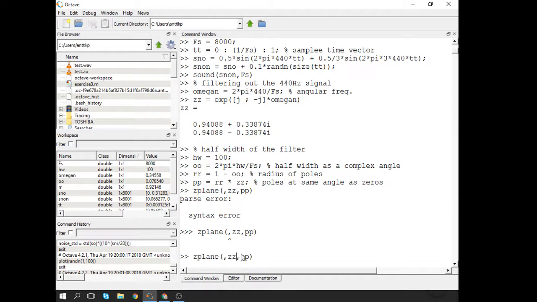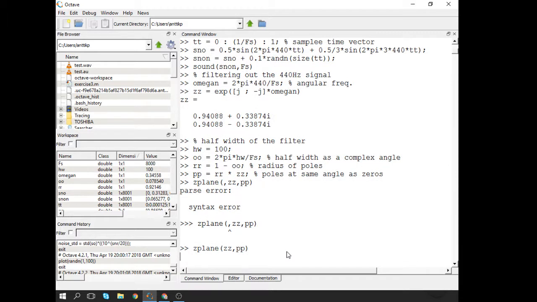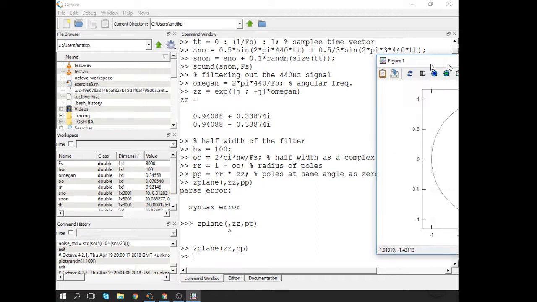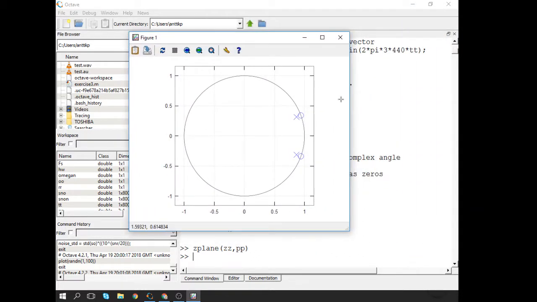Sorry, I had an extra comma there. There we go. See, I got a zero pole plot there.